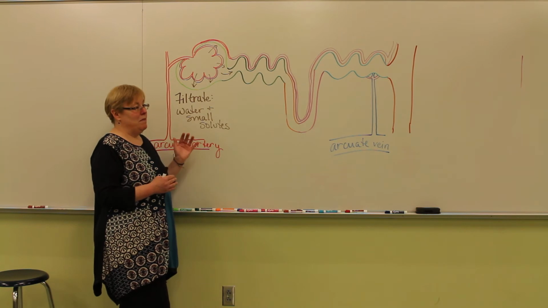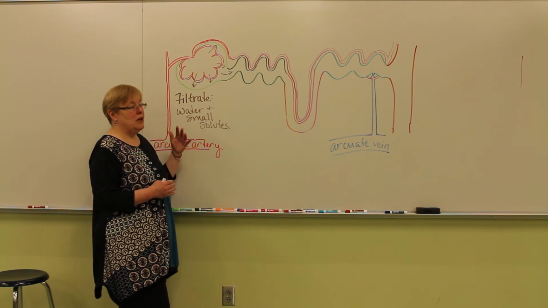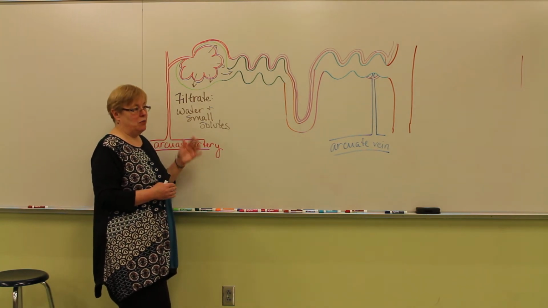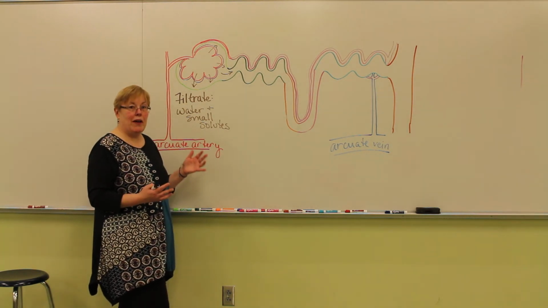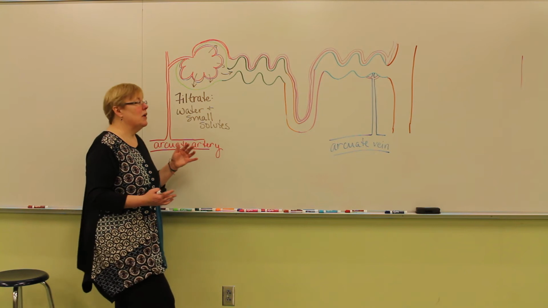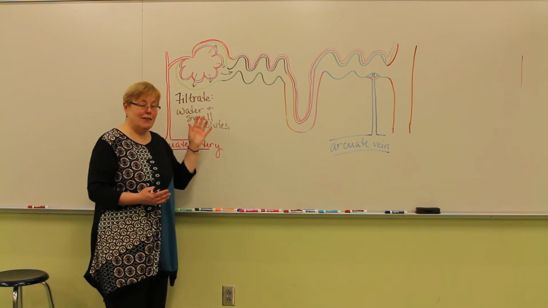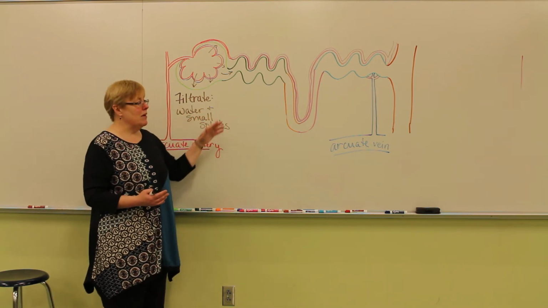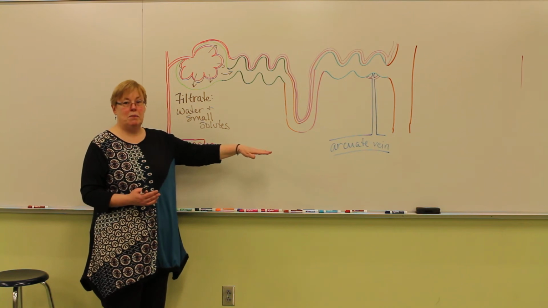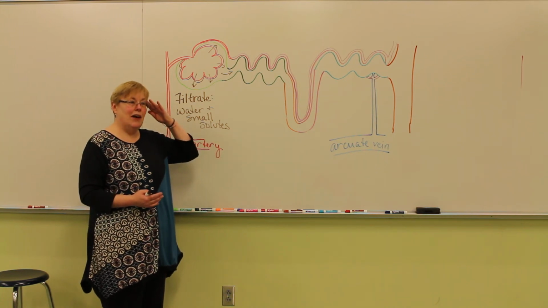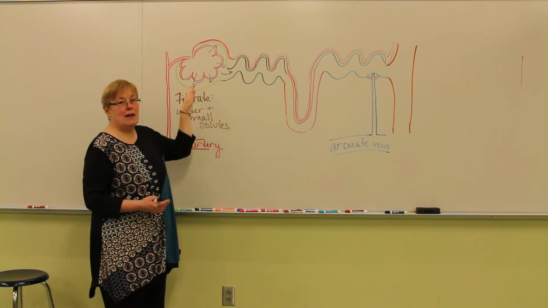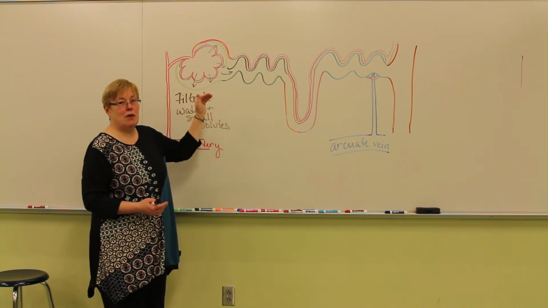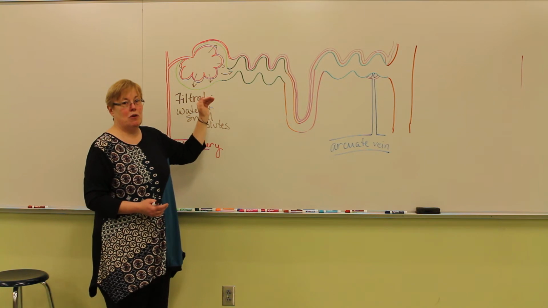But some things that are larger will not get out of the plasma, like albumin and other large plasma proteins. That's why diagnostically it's important if we see proteins showing up in someone's urine, because that tells us that there's something wrong with the way that we're making the filtrate, because normally those substances shouldn't be able to get through.